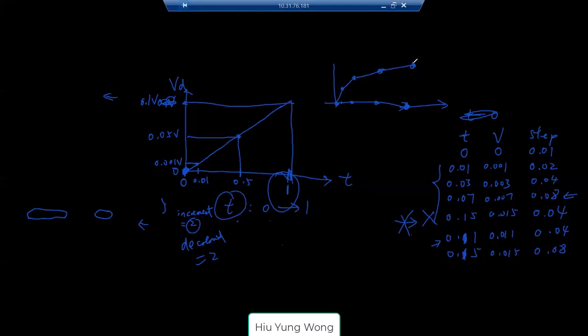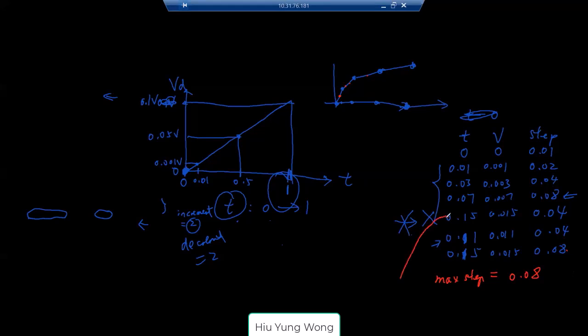I actually want to have a smooth curve. I want to have more points. Or I feel that I don't like to have this big step. So you can limit it. You say maximum step equals to, for example, 0.08. Then it's not going to increase anymore. You will just add 0.08 each time. Okay?